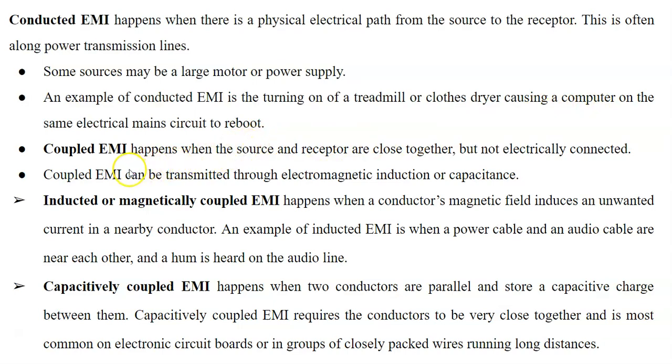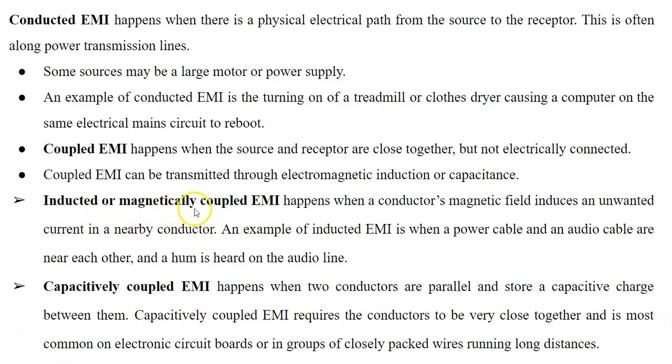Then coupled EMI. Coupled EMI happens when the source and the receptor are close to each other but not electrically connected. Coupled EMI can be transmitted through electromagnetic induction or capacitance. Inductively or magnetically coupled EMI is one type, and the second one is capacitively coupled EMI.